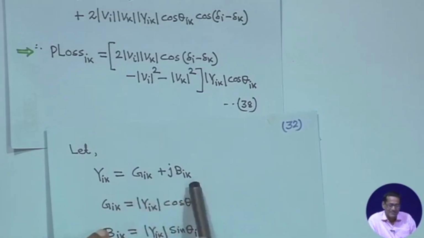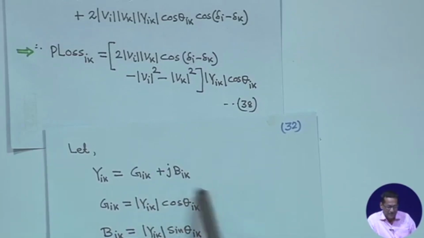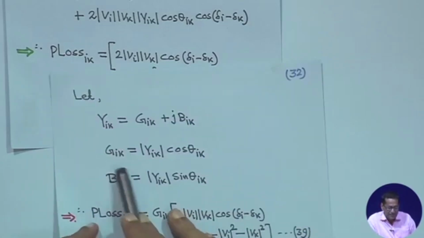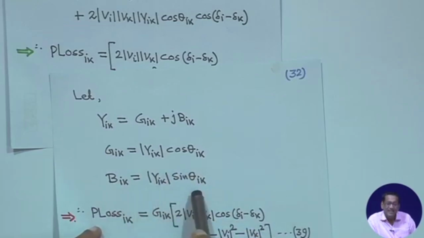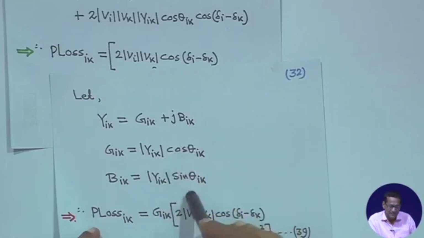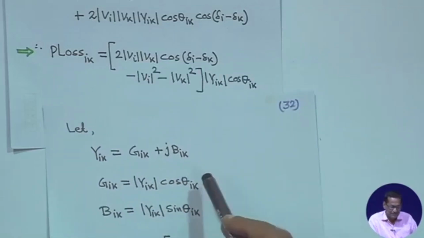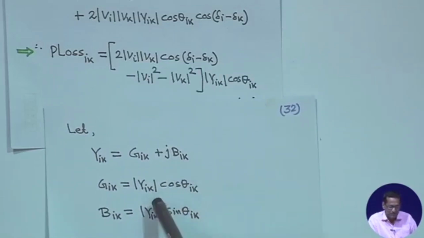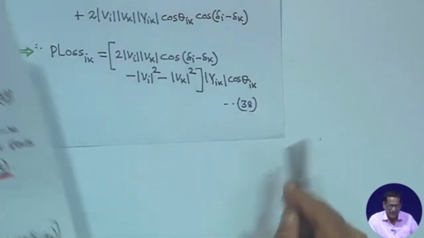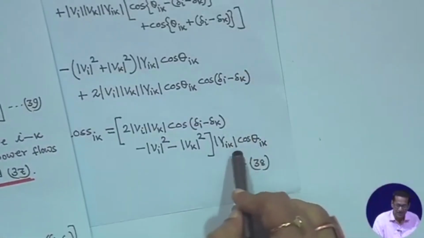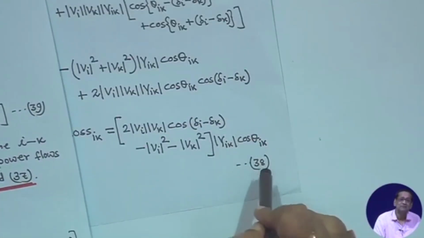This way you define conductance and susceptance. Then G_ik will be Y_ik cos theta_ik and B_ik will be Y_ik sin theta_ik. If you define it like this, then magnitude Y_ik cos theta_ik in this expression will be replaced by G_ik, that is equation 38.